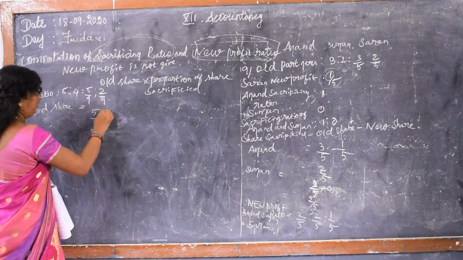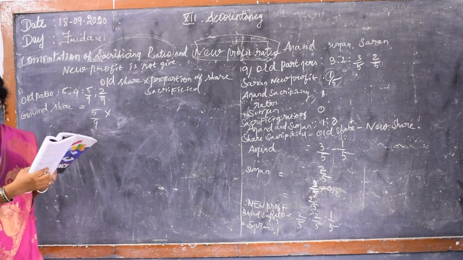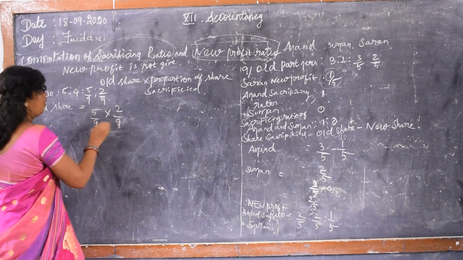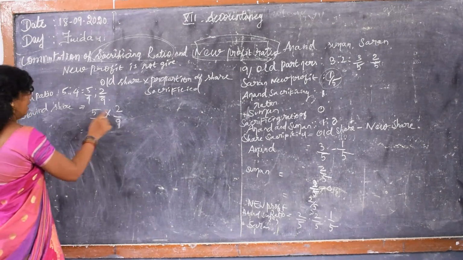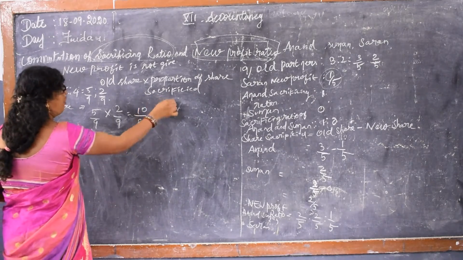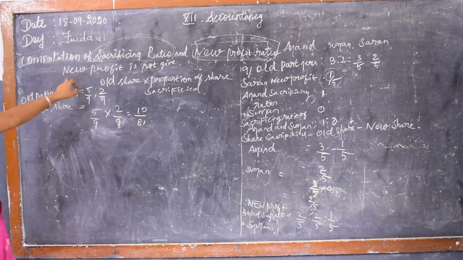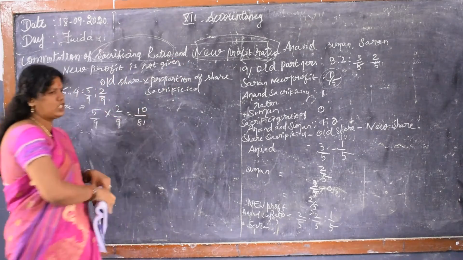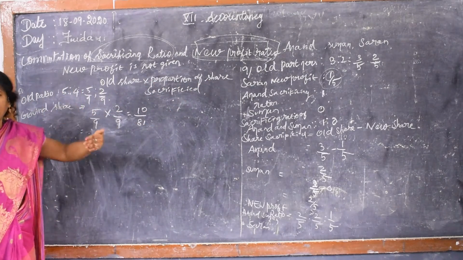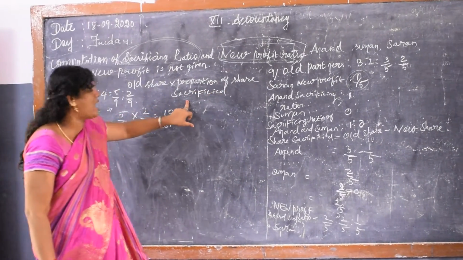So old share is 5/9, we know. According to this formula, old share into the proportion of the share sacrificed by Govind, which is 2/9. So 5 twos are 10, and 9 into 9 is 81, a multiplication. In the sum, the new partner's new profit sharing ratio is not given. So if it is not given, we take old share into the proportion of the share sacrificed.